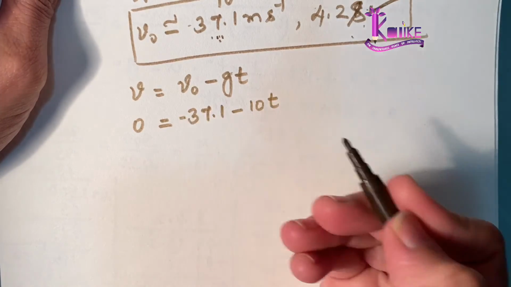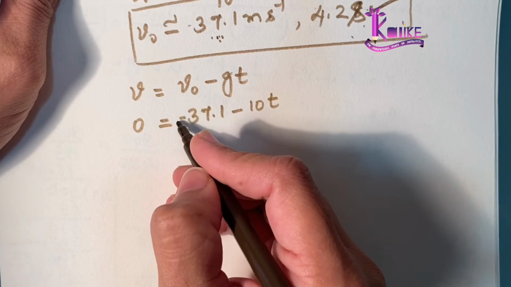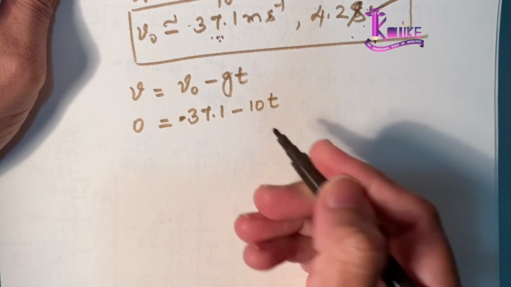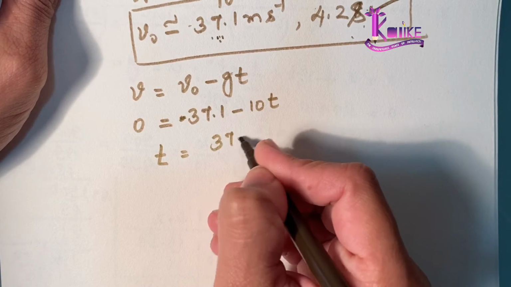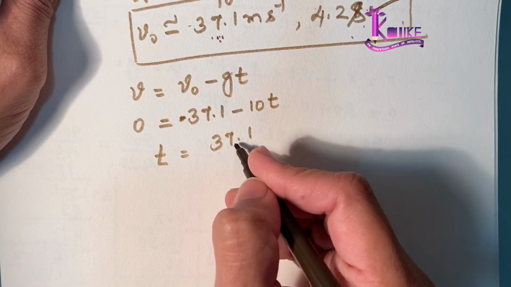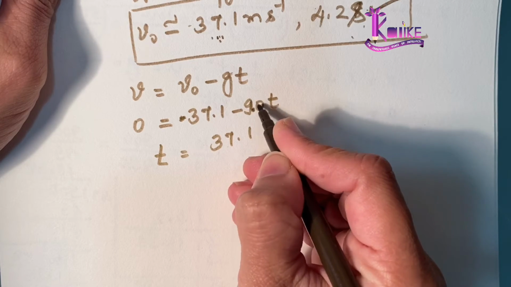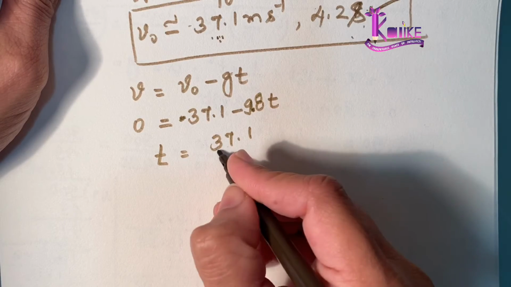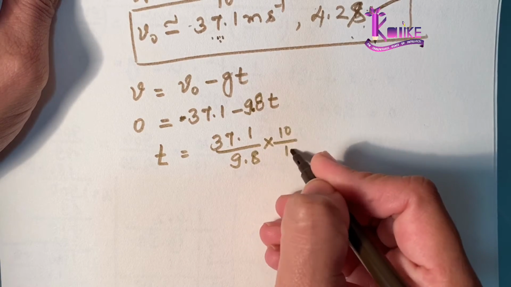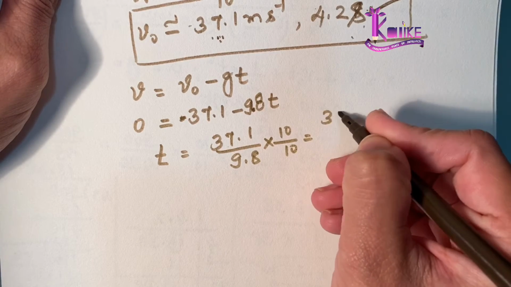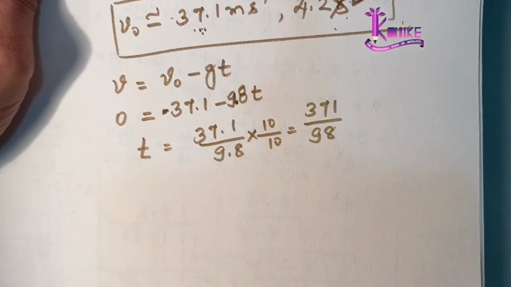So this was also minus, so if I bring it to the other side, or you can just keep it as plus, therefore t will be equal to 37.1, sorry, this is not 10, this is 9.8, divided by 9.8. So let's multiply the numerator and the denominator by 10. So you get 371 divided by 98.